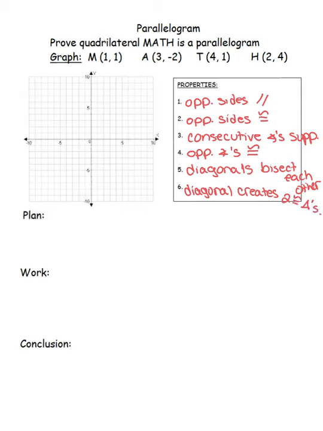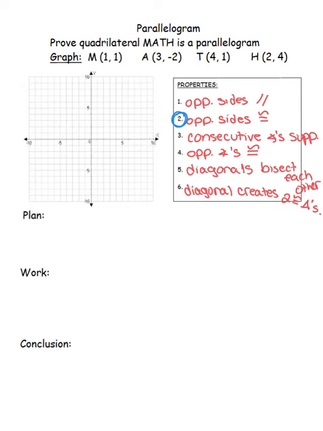Okay, that's not going to be asked in a proof, but we want to look at these properties because we're going to pick the one that we're going to prove to show that we have a parallelogram. So I'm going to go with this: the opposite sides are congruent.